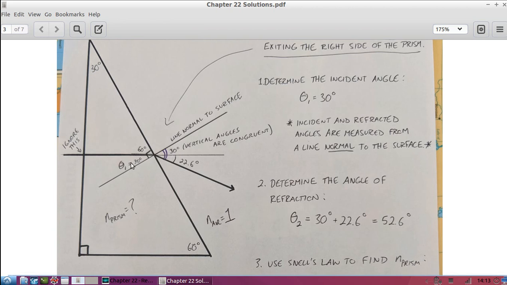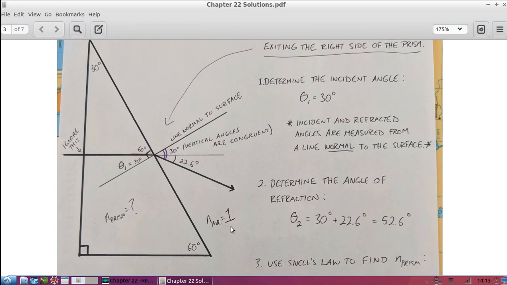Okay, vertical angles formed by two lines, they are congruent. So this angle right here is 30 degrees. And I'm looking for this entire angle right here to use as my refracted angle. So 22.6 degrees plus 30 degrees is 52.6 degrees. So this is my actual refracted angle, 52.6 degrees. My incident angle is 30. My refracted angle is the sum of these two angles, 52.6 degrees.